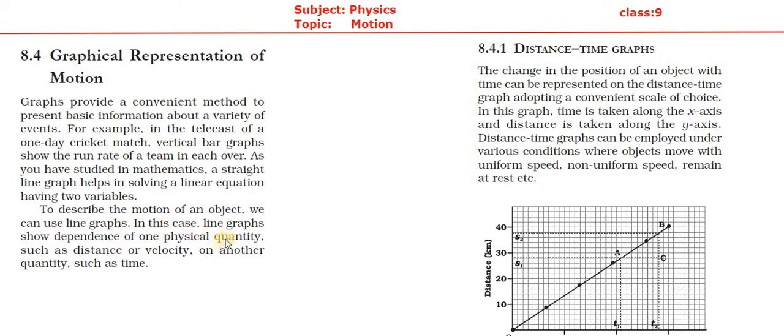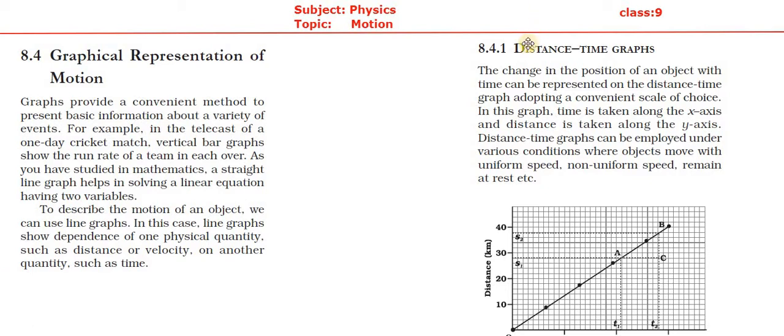A line graph shows the dependency of one physical quantity, such as distance or velocity, on another, such as time. Here we have two types of graphs. This is already learnt in your 8th standard, and the same thing is repeating here again.